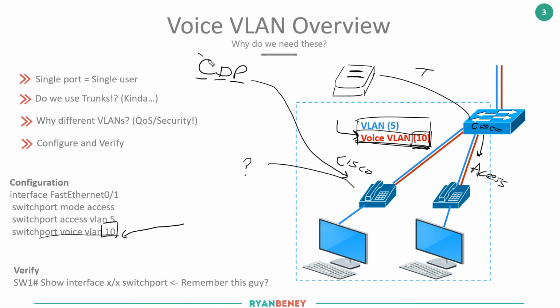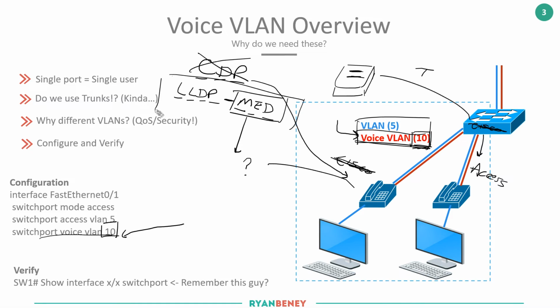If it doesn't use CDP because it's not a Cisco phone or it's not a Cisco switch, then you can normally use LLDP, the Link Layer Discovery Protocol, and the extension for that is MED, which I think is Media Endpoint Discovery. You might want to double check that, but ultimately this is the open standard equivalent of CDP.